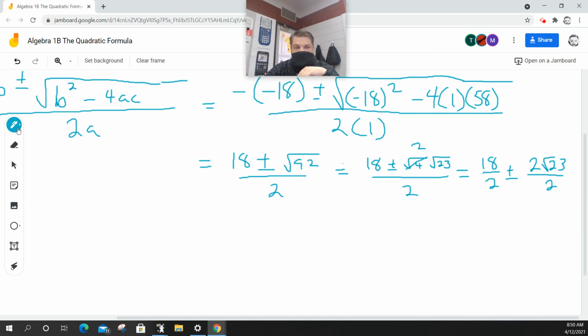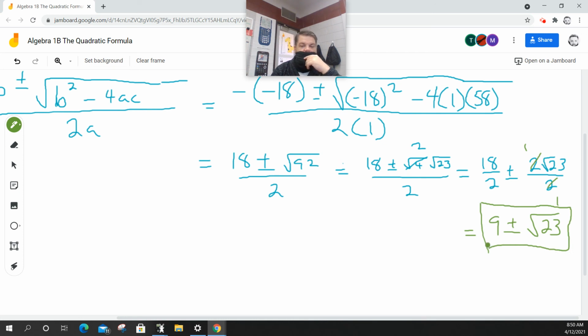What's 18 divided by 2? 9. What is 2 divided by 2? 1. In other words, 2 divided by 2 becomes 1 over 1. 1 times the square root of 23 is the square root of 23. So I've done a lot of work, but guess what? The answer is 9 plus or minus the square root of 23.